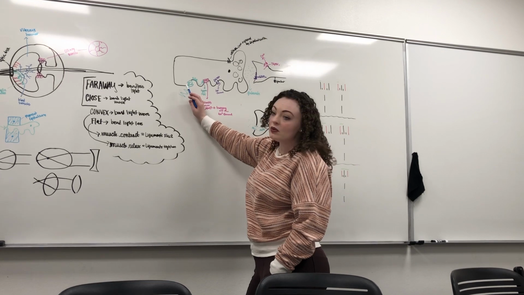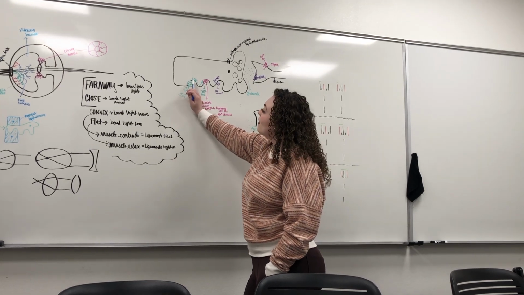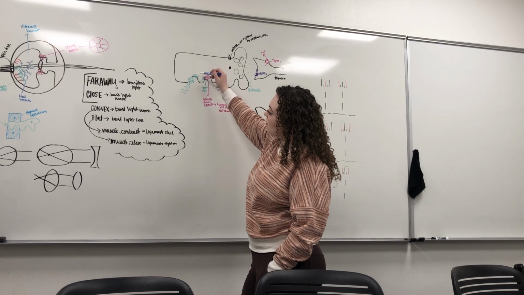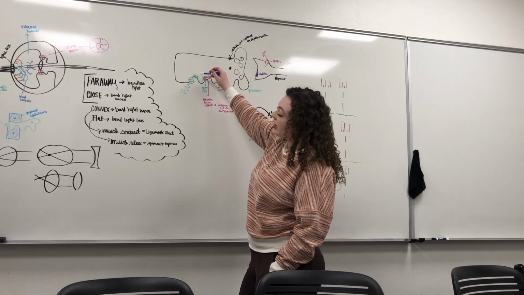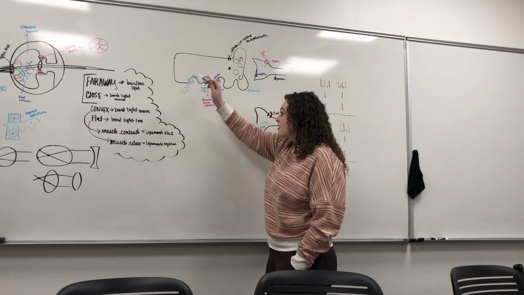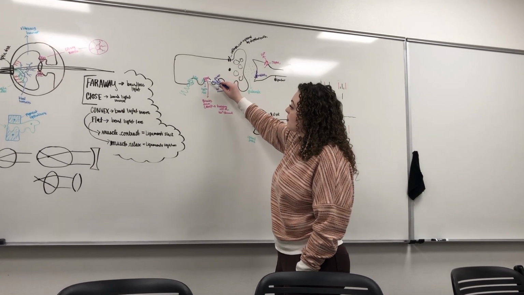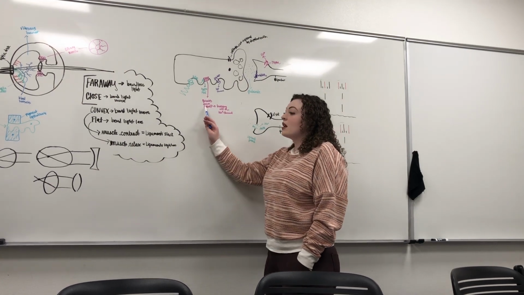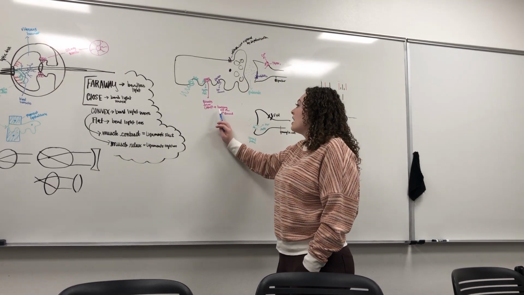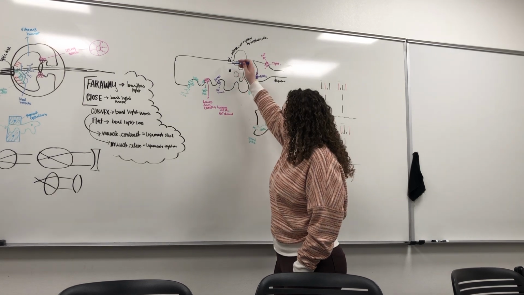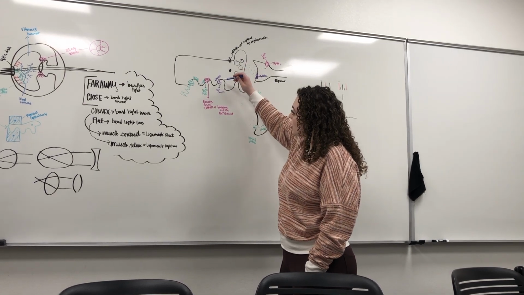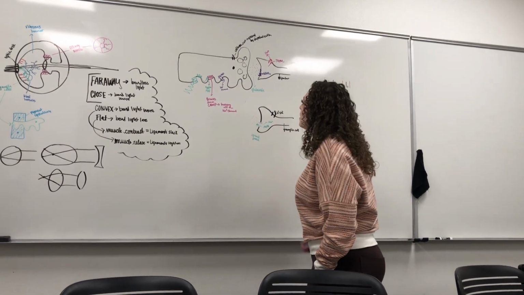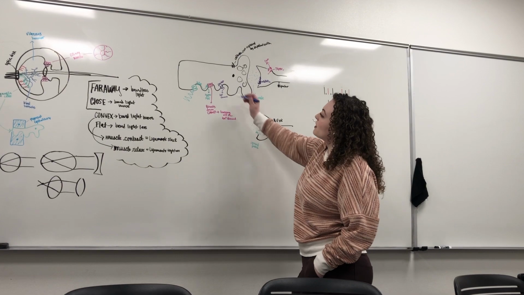And this is a G protein, so when that happens, you have a conformational shift because you've got your beta, gamma, and alpha subunits connected to that, and it kicks off that alpha subunit, and that alpha subunit comes over and turns on the PDE. Now the PDE breaks down cyclic GMP, and that comes over and it turns off the sodium channel, which is, in this case, called cGMP-gated. So that's kind of what's going on at the bottom here.